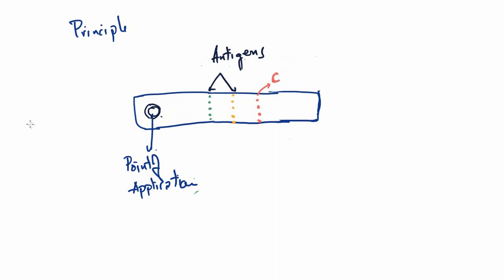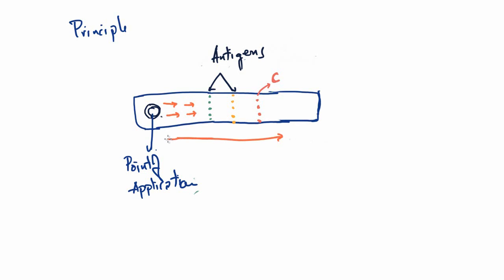At the point of application we add some serum. What happens after application of the serum? As and when the serum is applied, there is a transparent paper-like material which absorbs it, and the sample moves from this end to this end gradually.